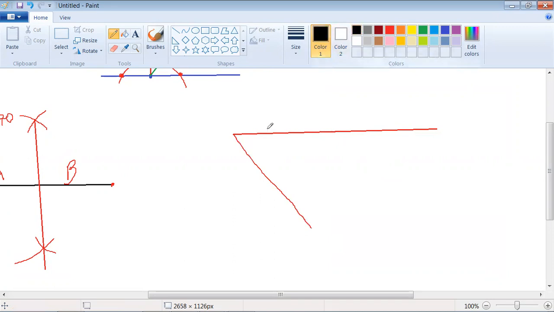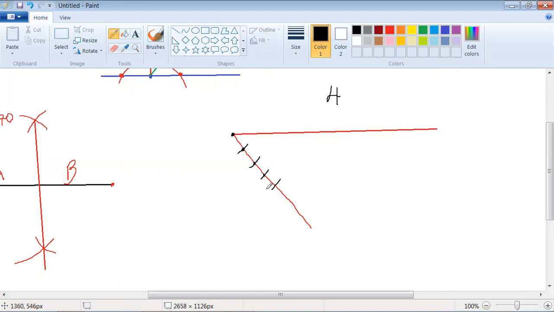Then you open a compass to any convenient distance, and starting from this point, you let the compass mark here. From this point, you mark here. From this point, you mark again here. From this other point, you mark again here. If the division of the line is 4 equal parts, we have to mark 4 times here.